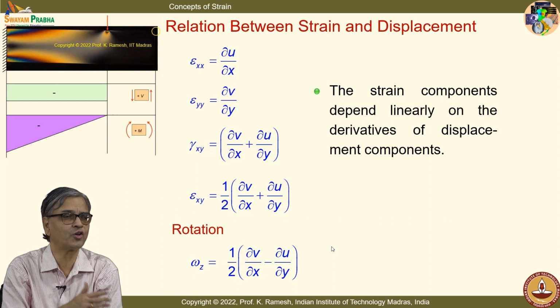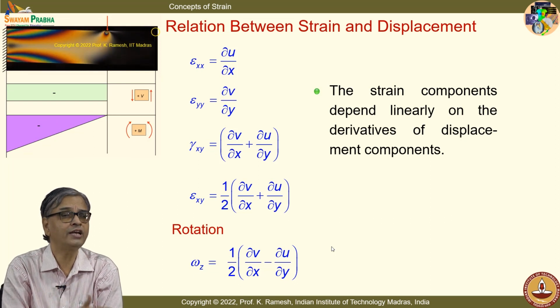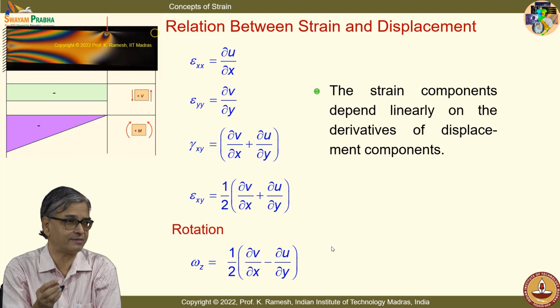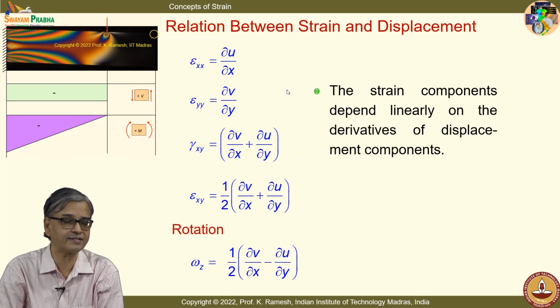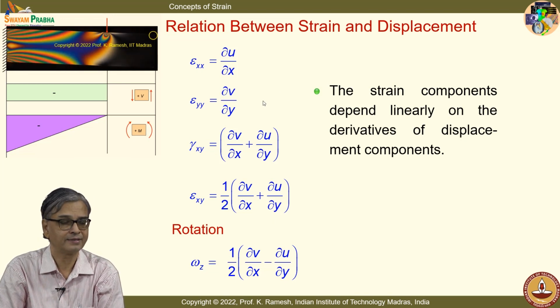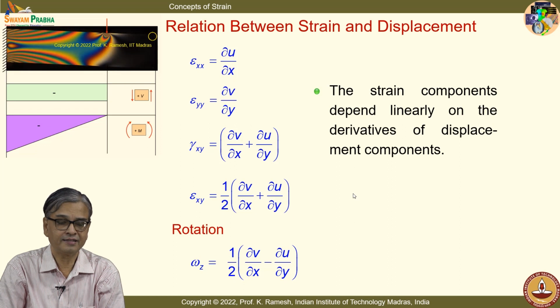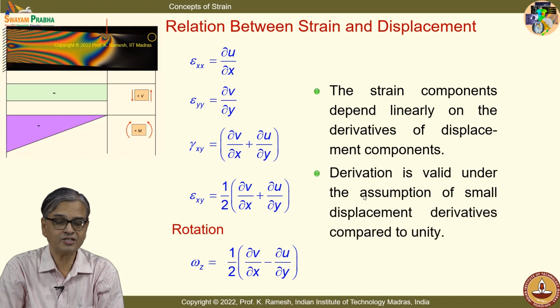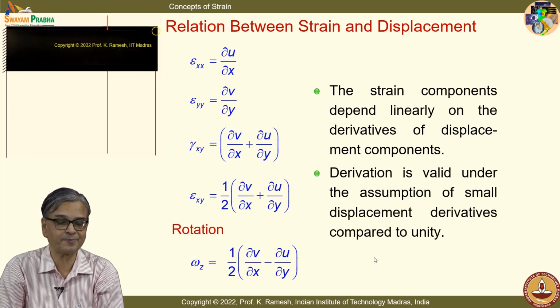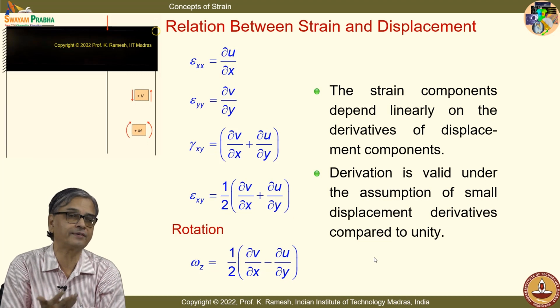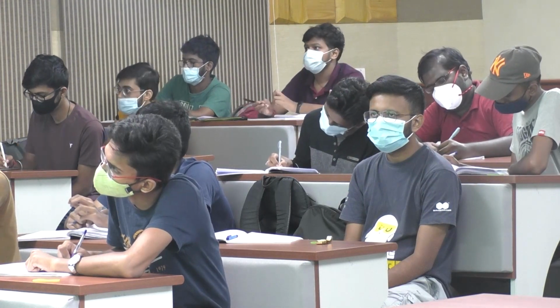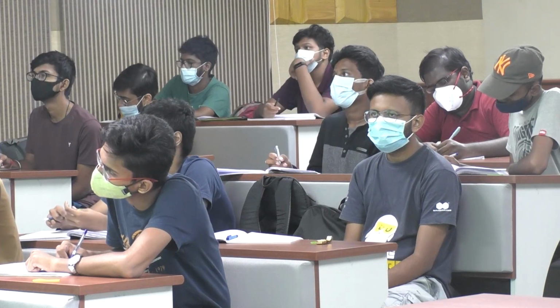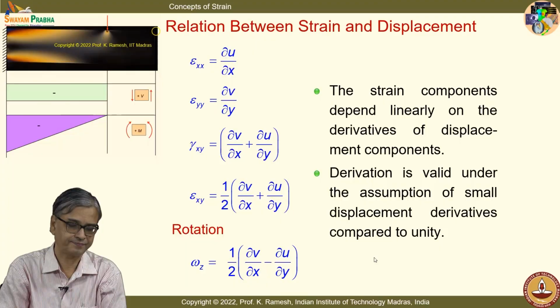We are talking of the order of 0.001. It's a number, because you have ratio of distance. The strain components depend linearly on the derivatives of displacement components. Derivation is valid under the assumption of small displacement derivatives compared to unity. We have this maximum value as 0.001, which is very, very small when you compare to unity.